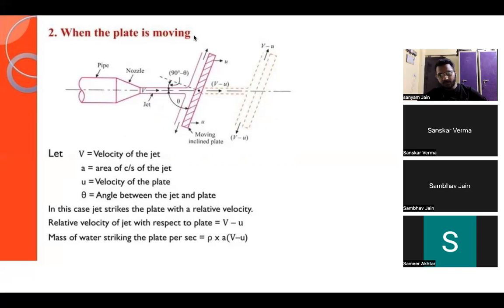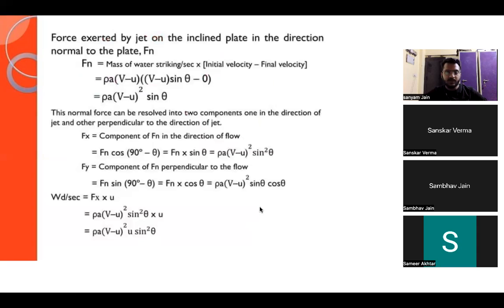If we sit on this plate, then the relative velocity of the jet will be V − u. So the mass striking the plate per second is ρA(V − u).